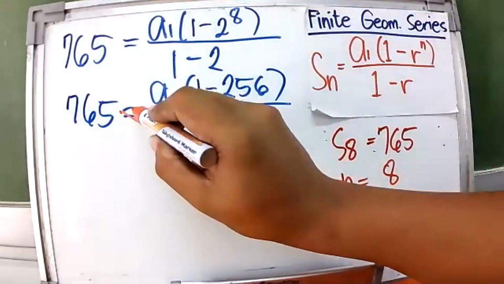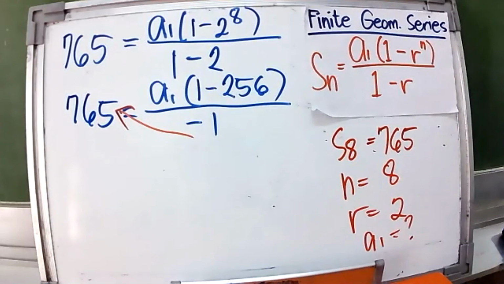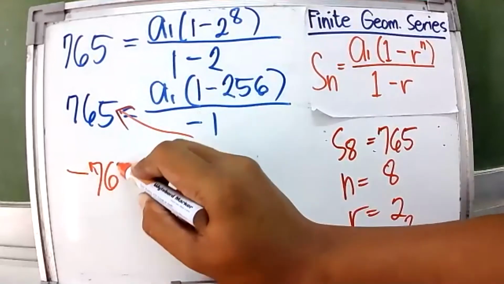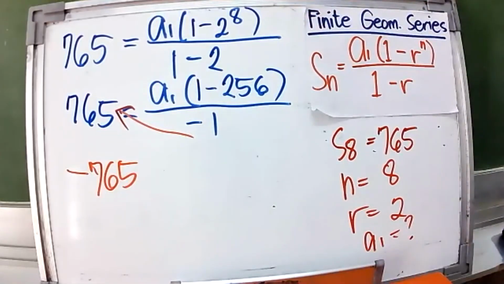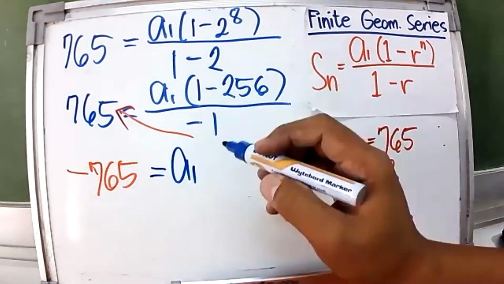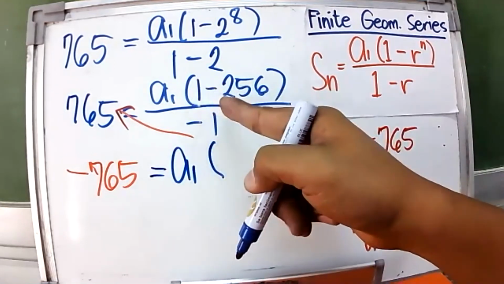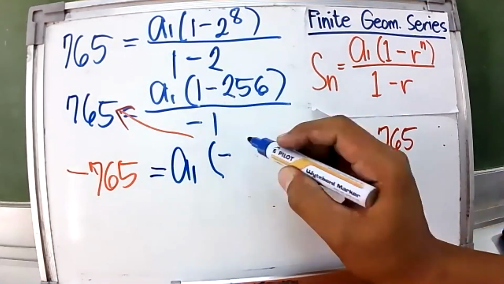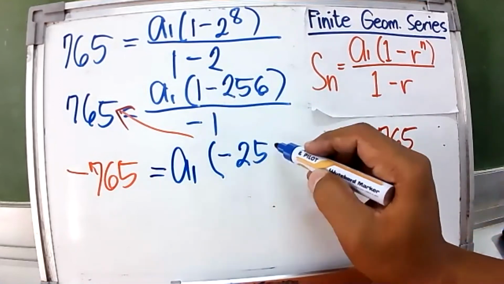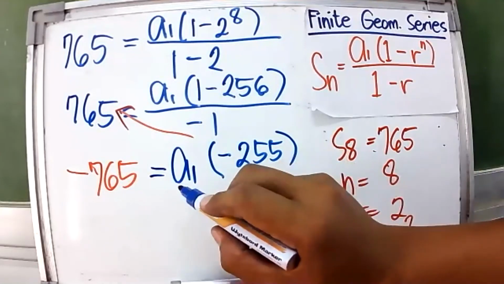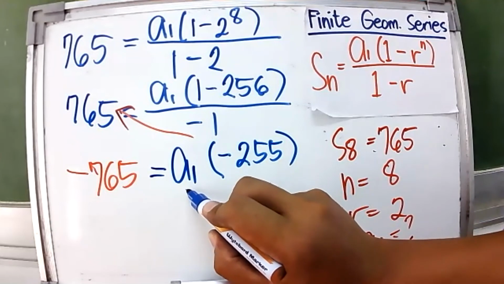It's okay. Cross multiply na lang natin si negative sa taas. So, we will have here negative 765 is equal to A sub 1 times 1 minus 256, which is negative 255. Got it?